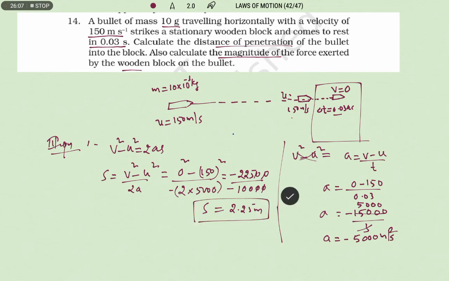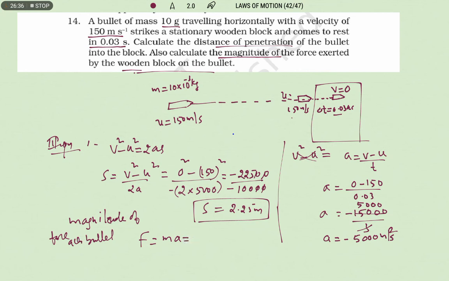Again they are asking what is the magnitude of force exerted by the wooden block on the bullet. So F equals m a, the magnitude of force acting on the bullet.